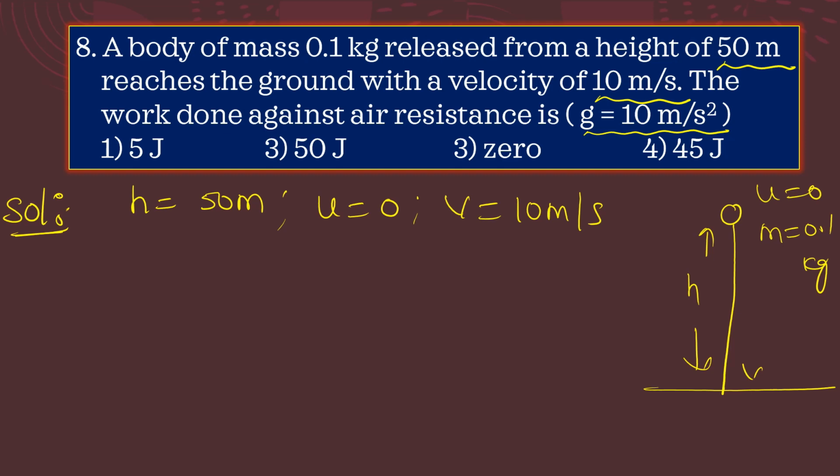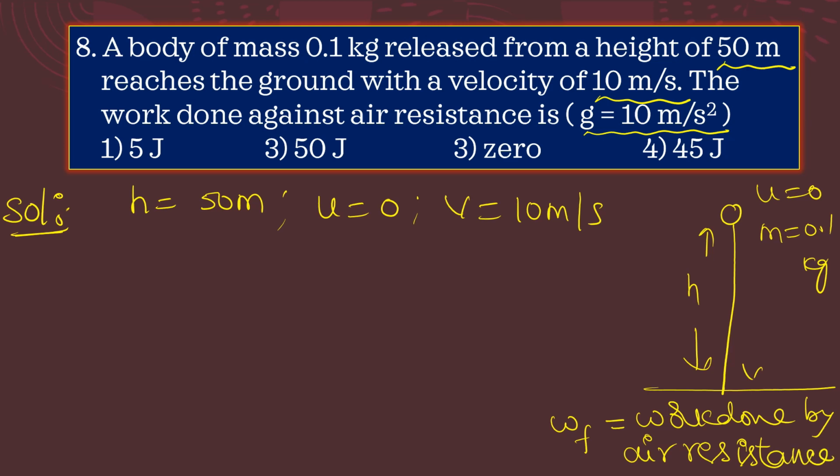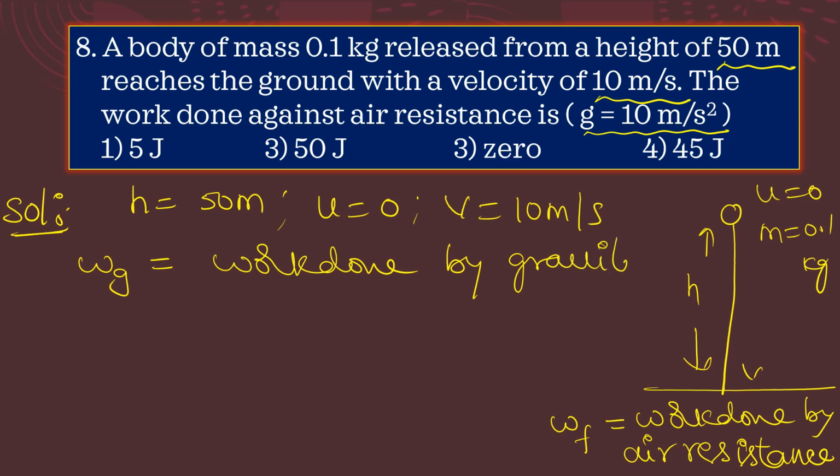Now here Wf indicates work done by air resistance, and Wg refers to work done by gravity. Okay.